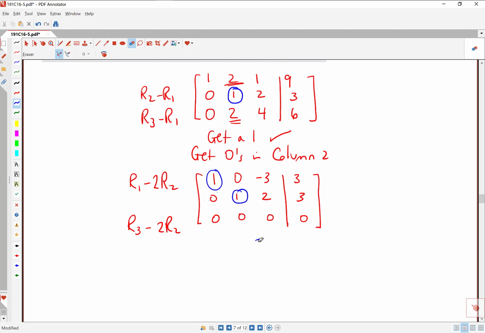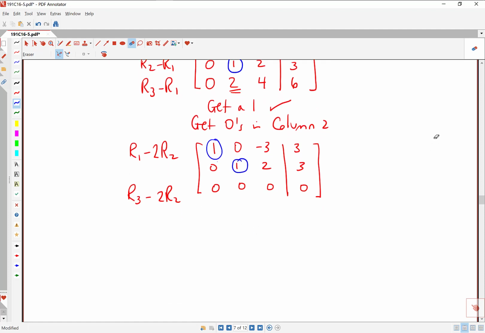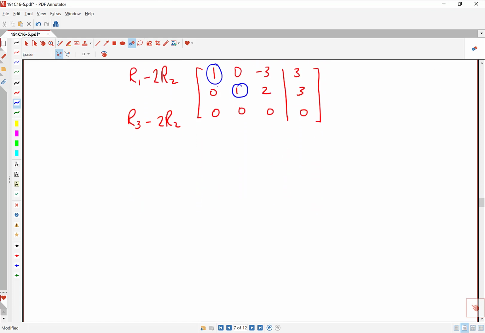Now let's take a look at this bottom row, because this is the first time we've actually ever seen a row of zeros in a system like this. So let's focus on this. If you had 0, 0, 0, and then something non-zero on the right side, that would tell you that the system has no solution.